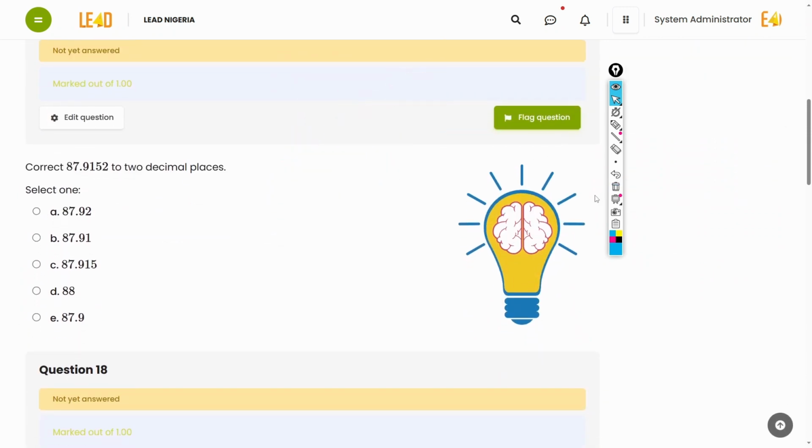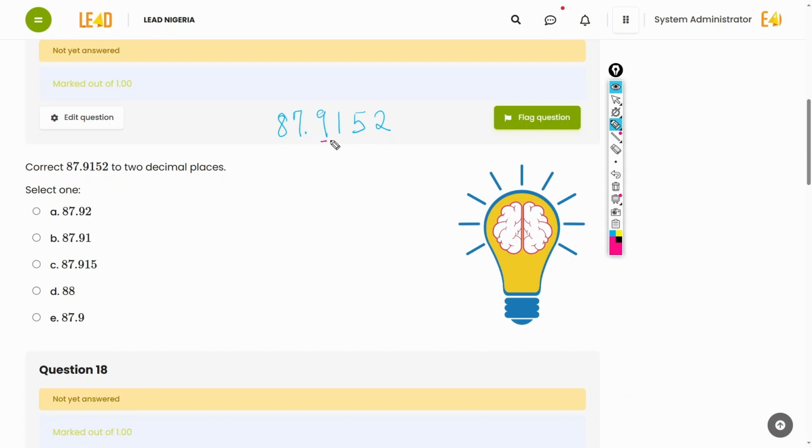Okay, correct 87.9152 to 2 decimal places. Target position, we need to find that.